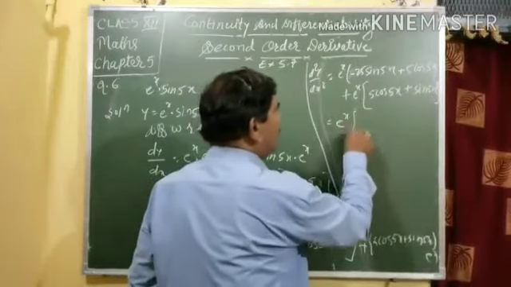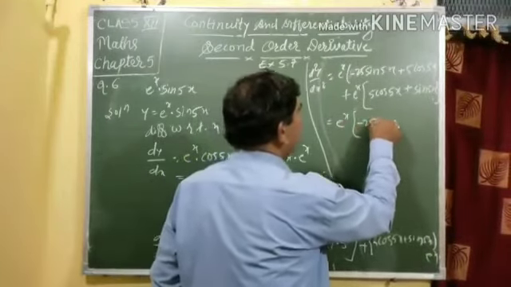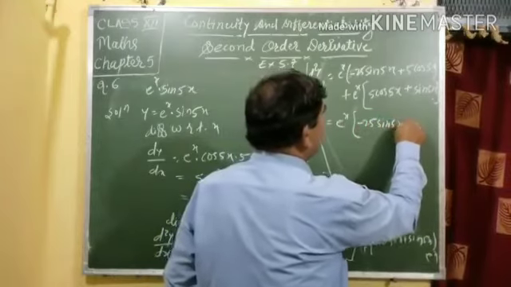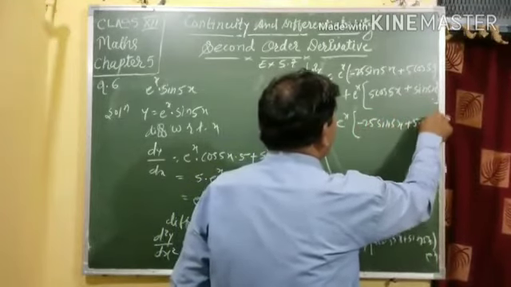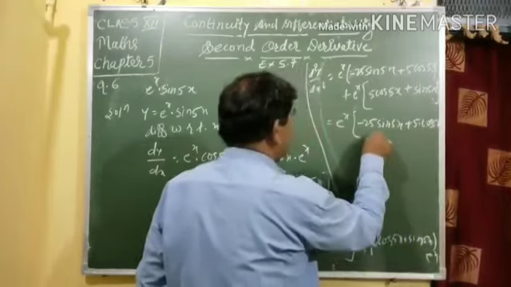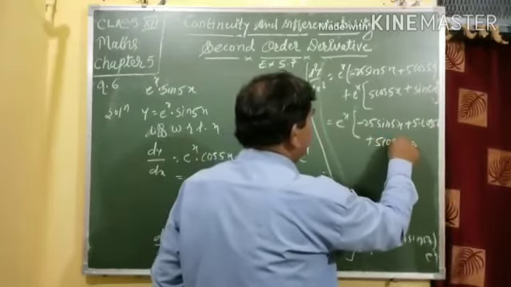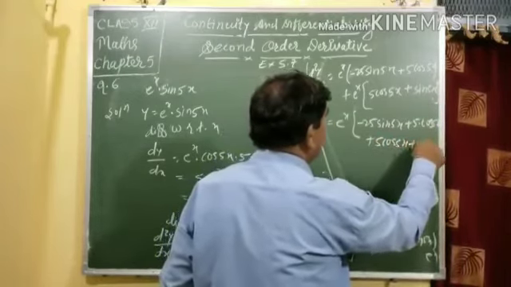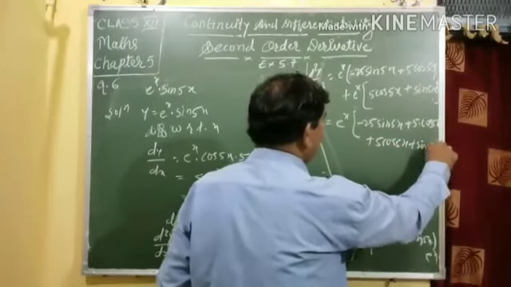Then what will remain? Minus pi square sin pi x plus pi cos pi x plus pi cos pi x plus sin pi x. Clear?